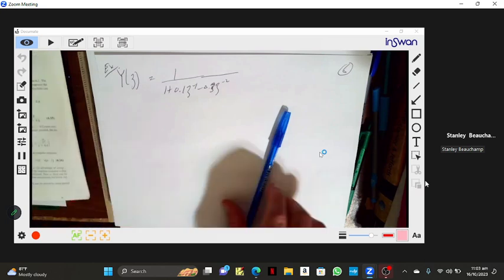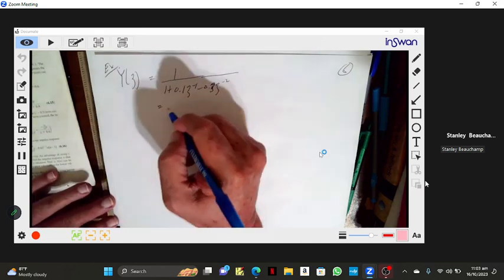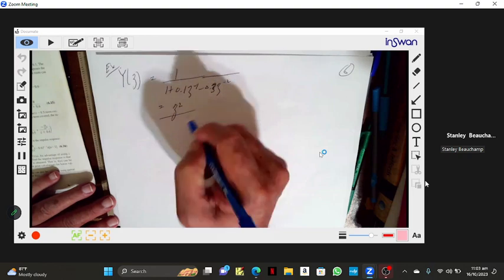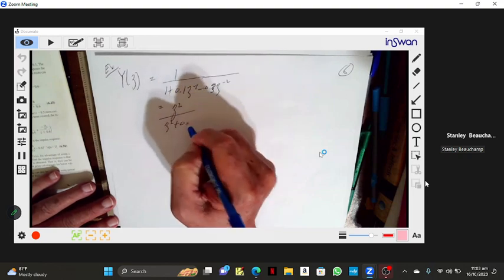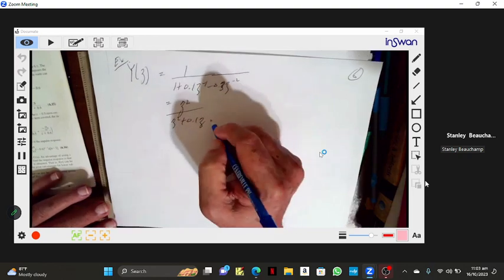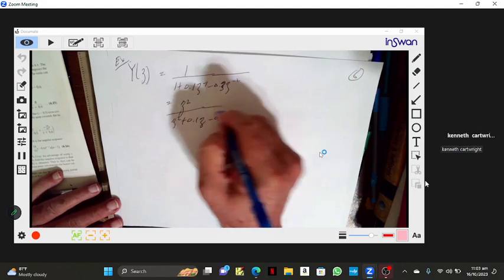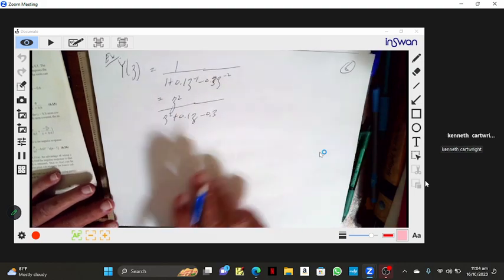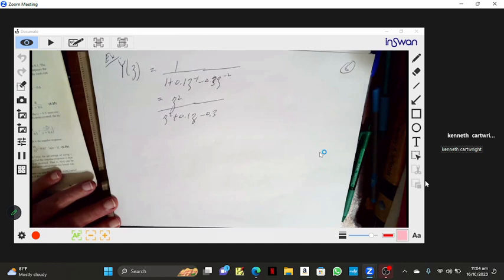Multiply top and bottom by z squared. Okay. Now what? Now you have to, that looks like a not strictly proper. So what do you do? You divide, you use long division.